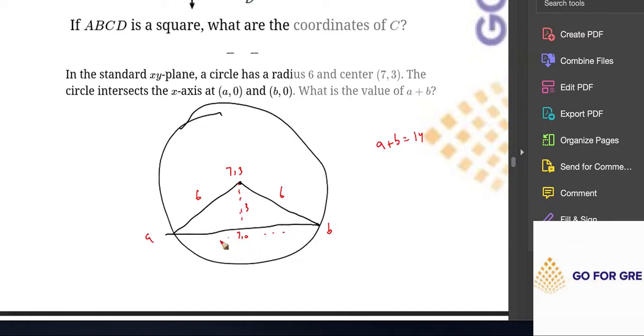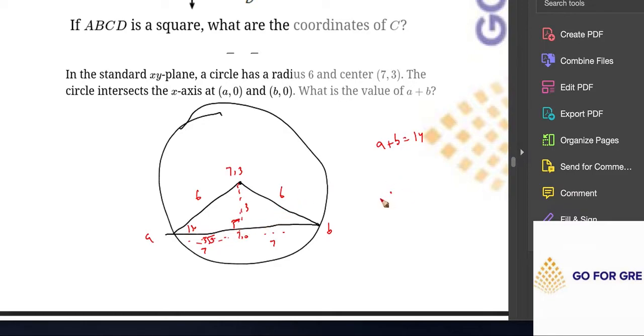They are equal. This is 7 up to this. If this is 7, this must be 7, so it is 14. Another way, we can apply this formula. It is a 30-60-90 triangle. So x is equal to 3 under root 3.